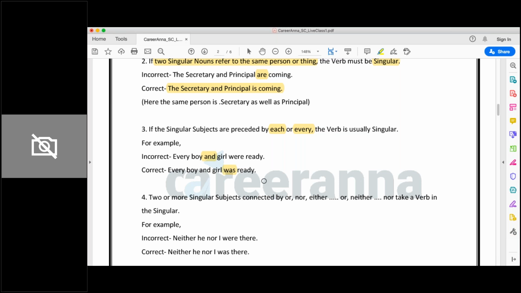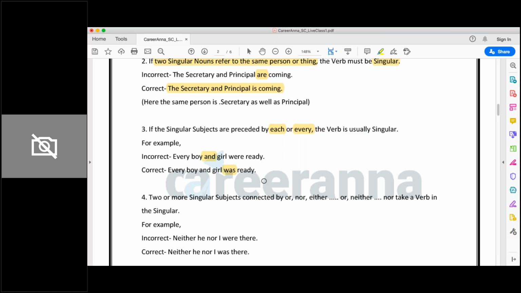So if you have a sentence which says "each boy and girl" or "every boy and girl," the moment I use "each" or "every," my verb will become singular, because by the basic definition, the moment I say "each," I am counting everything as singular. The moment I say "every," I am counting everything as singular, and it is not plural anymore, and hence my verb will be singular. It will not be plural.